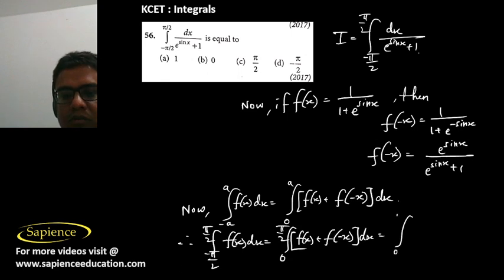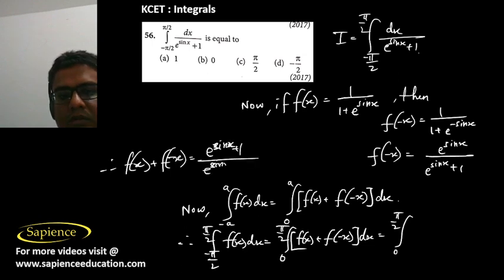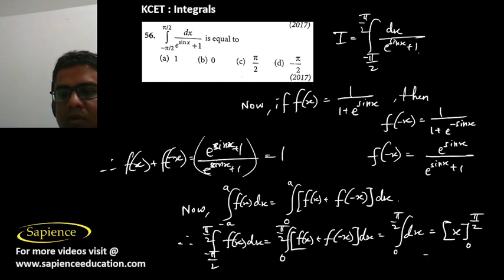Now f of x plus f of minus x will be equal to e power sin x by e power sin x plus 1 plus 1 by e power sin x plus 1, which will be equal to 1. This is integral dx simply. This is x, and that will go to pi by 2. Option C is the correct answer.